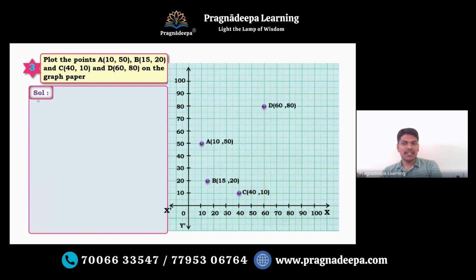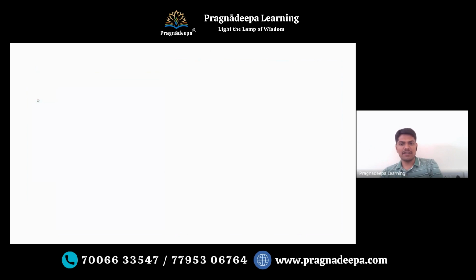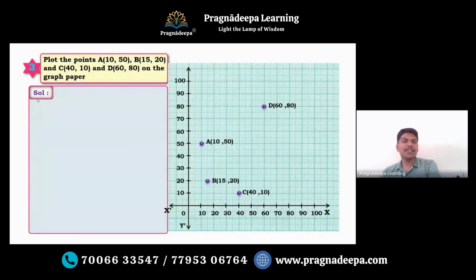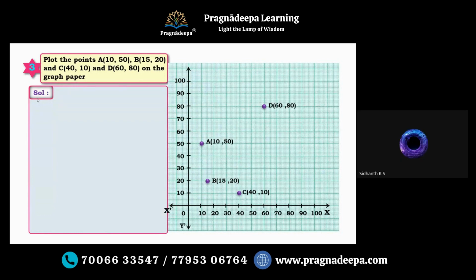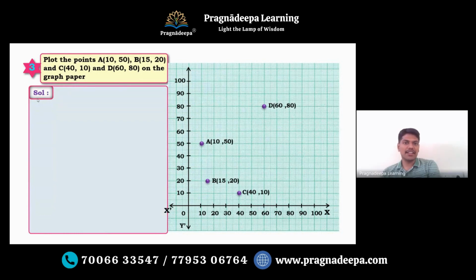Now note whether this is a linear graph or not. I'm asking an extra question. They are telling us to graph it, we are done. But I'm asking you an extra question. Is it a linear graph? No, sir, it's not a linear graph, because the points are scattered here, correct? But if you join all these 4 points, what will you get?